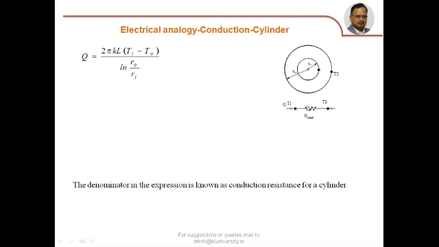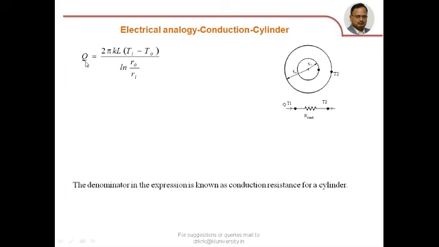So we represent the resistance here as conduction resistance, and across this conduction resistance you have temperature T1 on one side and T2 on the other side. T1 is greater than T2, therefore heat flows from T1 to T2. So Q is the heat flowing through this, and this resistance is the conduction resistance offered by the cylinder.